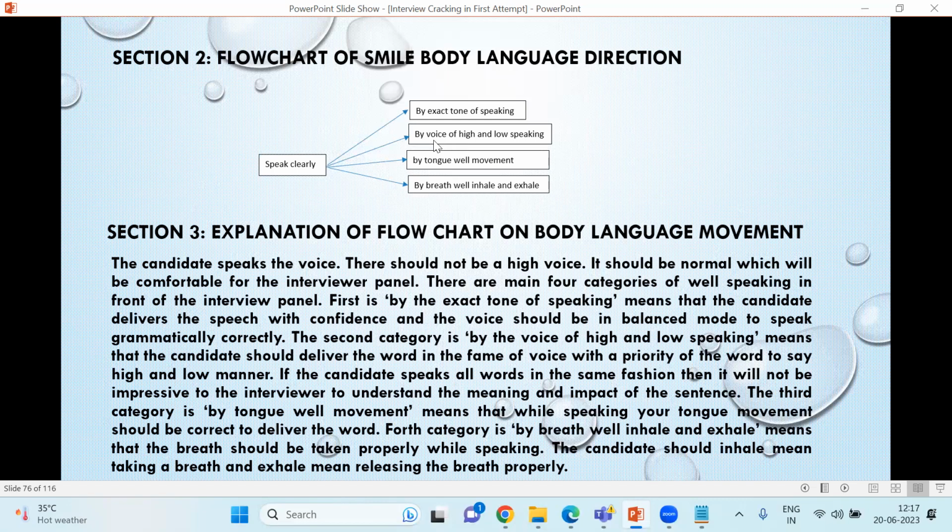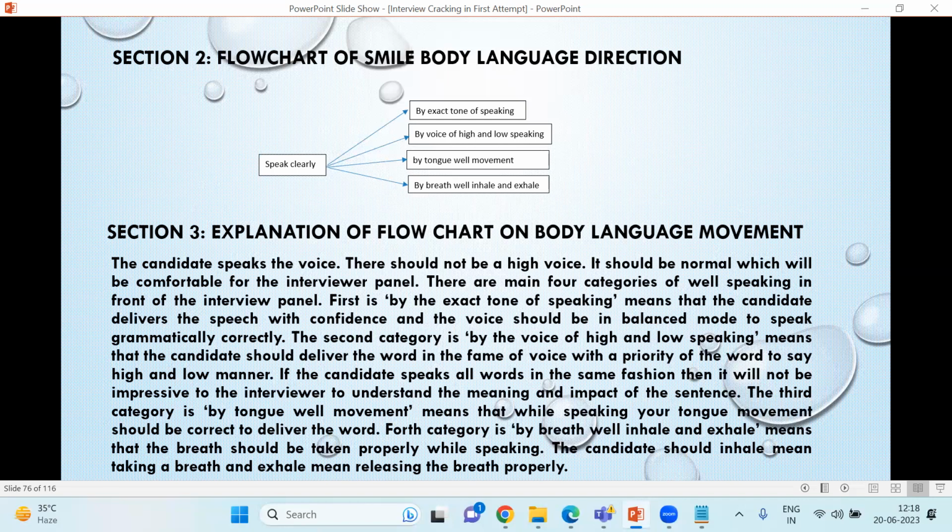Your tone should not be in the same fashion or the same volume. Always, when you explain something, some of the words will be said high, some will be pushed, some will be very bold, and some words will be made lengthy. These are the techniques to be used while answering questions in front of the interviewer. The third is tongue well movement.